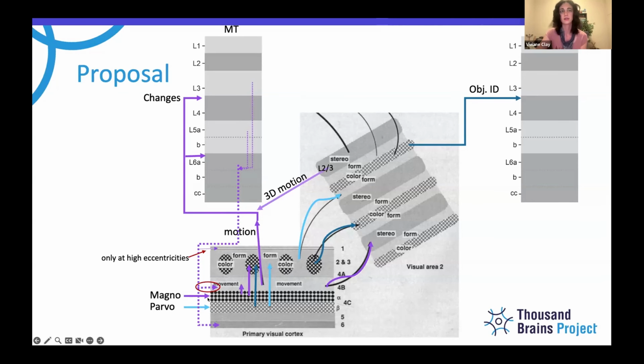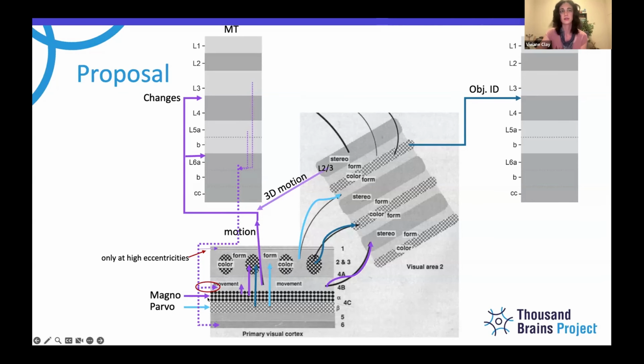And so on a high level, my rough idea was that potentially the ventral stream could contain the feature and morphology models, starting in V1, then V2, V4, and the dorsal stream to MT would potentially contain behavior models. And the pathway through V1 and V2 would be responsible for some motion processing, like incorporating disparity.